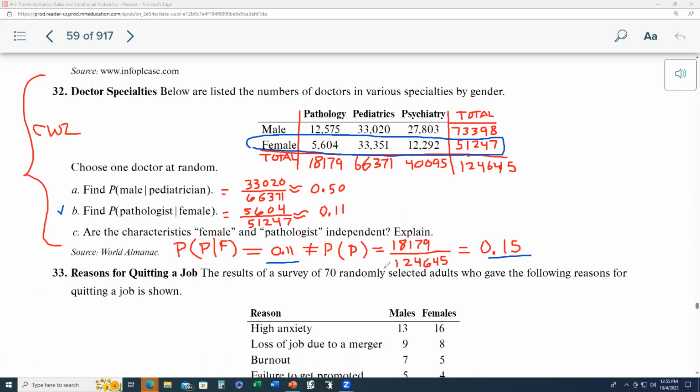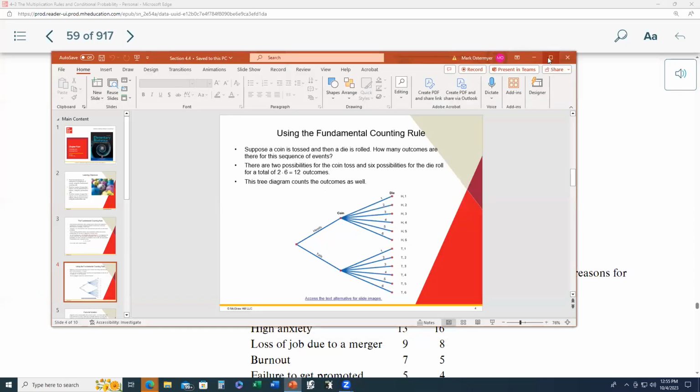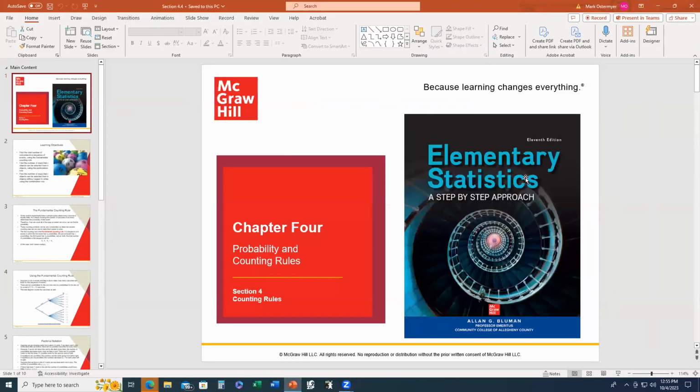All right. So that's classwork number 2. Okay, ladies and gentlemen, we can move on now. Let's get into section 4.4, where we're going to learn how to count. Now, believe it or not, you could kill a whole 15-week semester at a university just learning how to count.